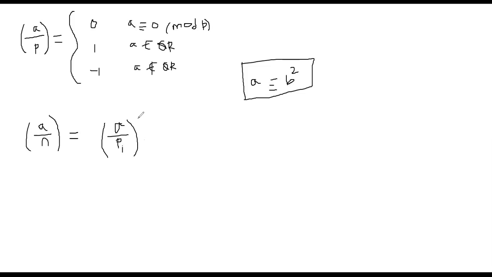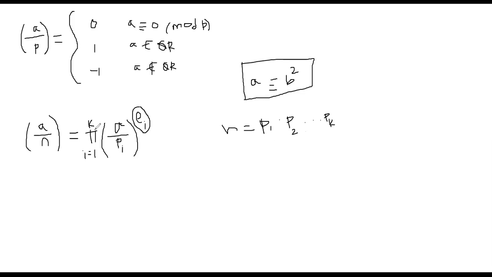Let's assume there are K factors for N. N is made of P1, P2, up to Pk, the factors of the number N, right? And it's possible that P1 may be repeated E times. Then we write it to the power here. So you could say Pi power Ei means P1 repeated E1 times, P2 repeated E2 times, and so on.